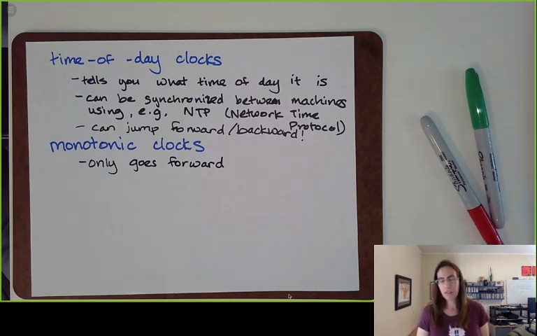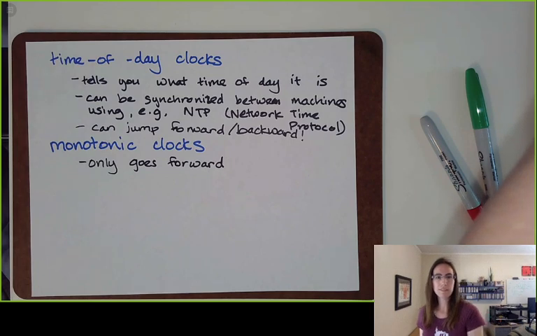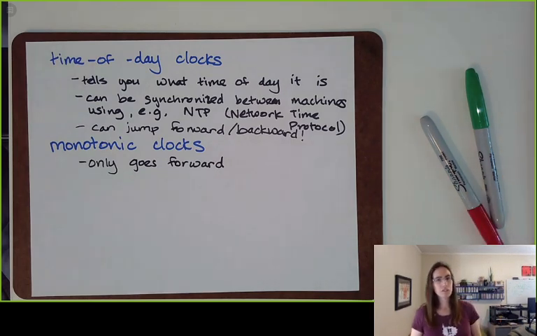But it's not so good for marking particular points in time. Why is that the case? Well, the trouble is that a monotonic clock is only meaningful on a particular machine.